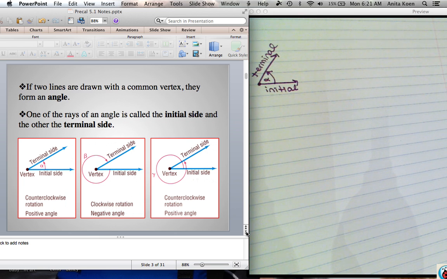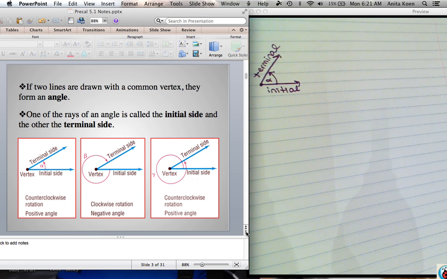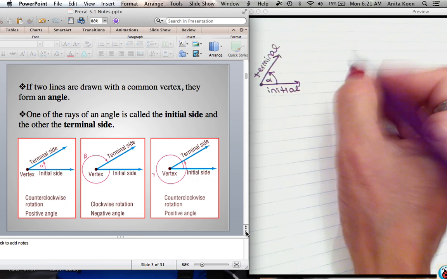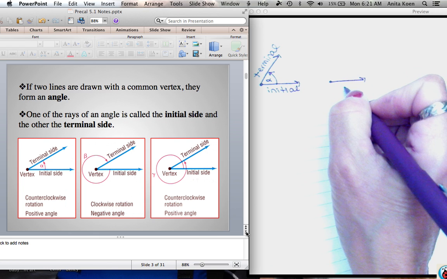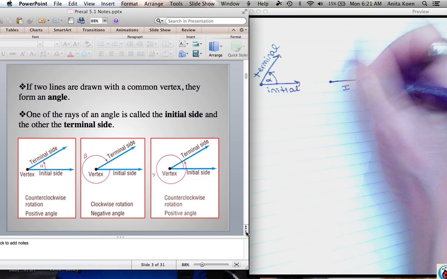We can have three different types of rotation. This first one is a counterclockwise rotation. This results in a positive angle. The second one, I'm just going to be labeling I for initial and T for terminal.